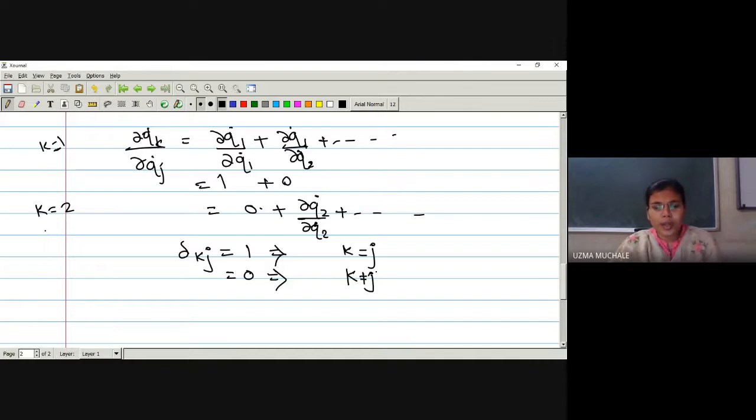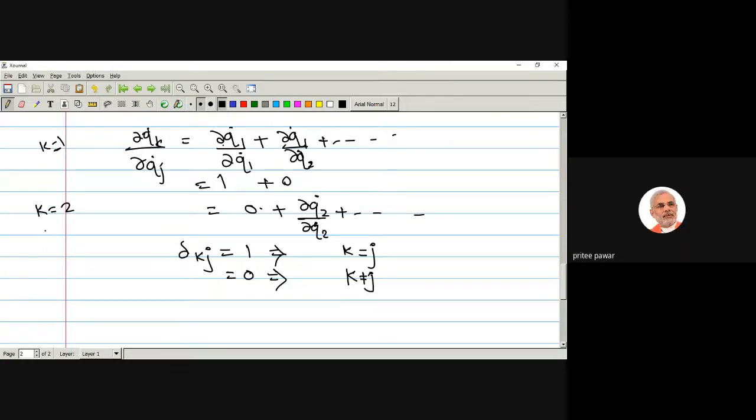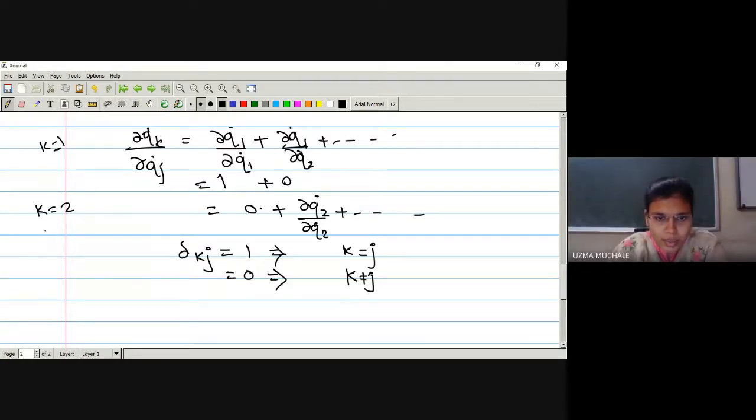See here, the derivative of q1 dot with respect to q1 dot is 1, otherwise it is 0. Here also q2 dot with respect to q2 dot, and then q3 dot with respect to q3 dot, it will be 1, all others are 0.